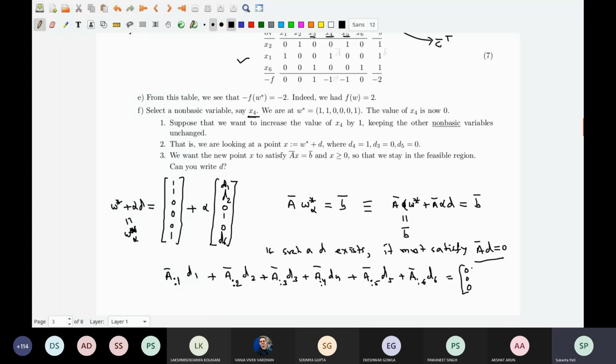That has to be satisfied. But remember, D3 and D5 were 0, so this goes away.